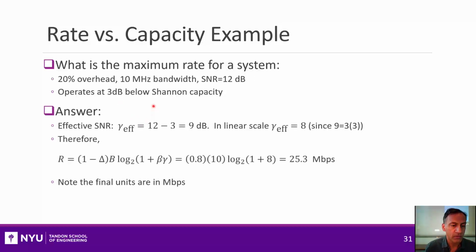So we're going to say, well, if it's at 12 dB and it's going 3 dB below capacity, it's effectively an SNR of 9 dB, or 8 in linear scale. And so therefore the rate is our Shannon capacity formula with the effective SNR and this fudge factor for the 20% overhead. And when you plug it all in, in this case, you would get 25.3 megabits per second.